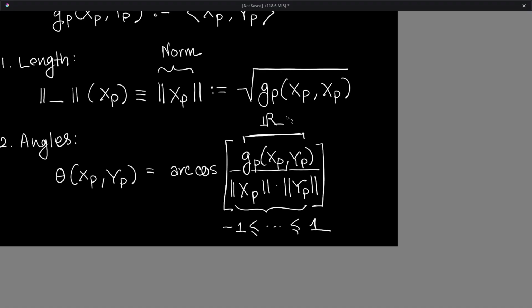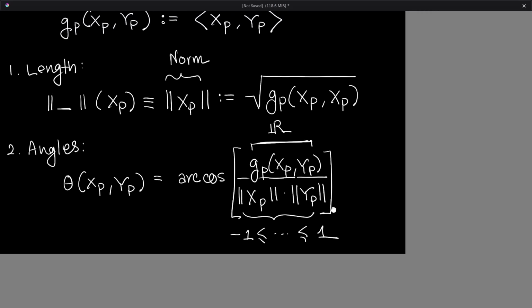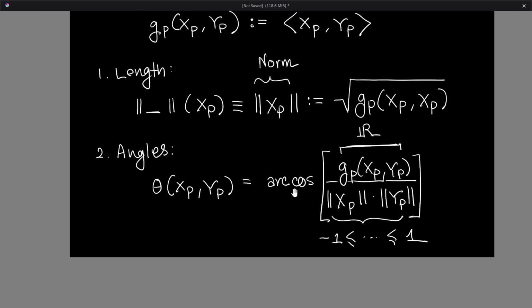So we don't need to define series or some definition of arc cosine on the manifold. We're just using the plain old arc cosine. So that's how you get angles.